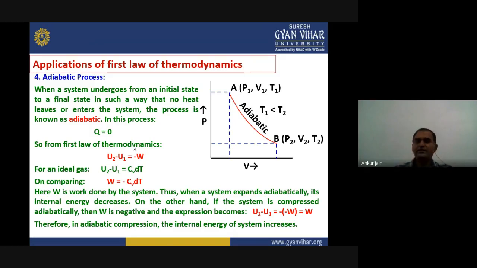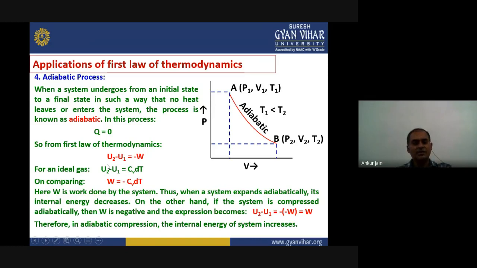On the other hand, if we allow the system to compress, if we compress the system adiabatically, then what will happen? The work done will be negative, right? W will be negative, and at that time this expression will become U2 minus U1 equals minus bracket minus W, because W is negative.